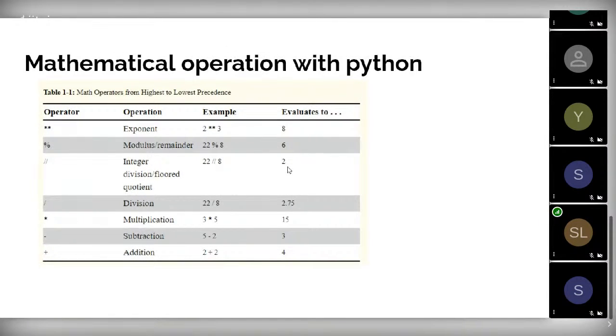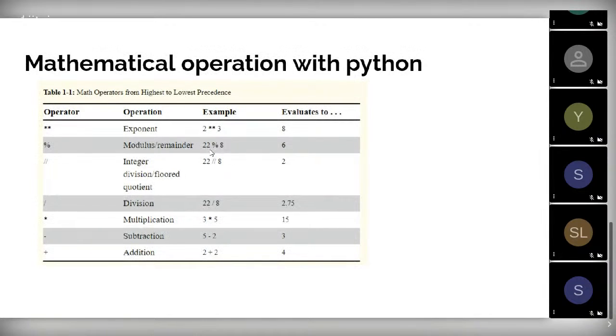It is called truncation, which means we are truncating the decimal part. So this operator is quotient.